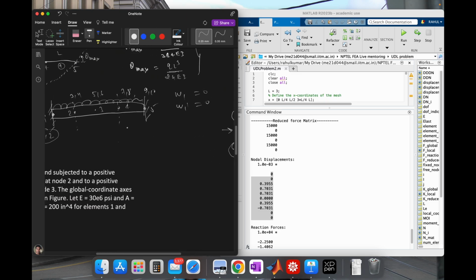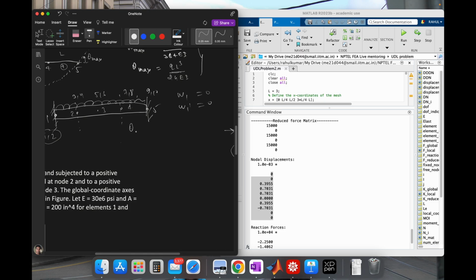Now let's try to verify with the analytical solution. We already know the theta max formula and W max formula, but I forgot them, so we need to check on the internet.